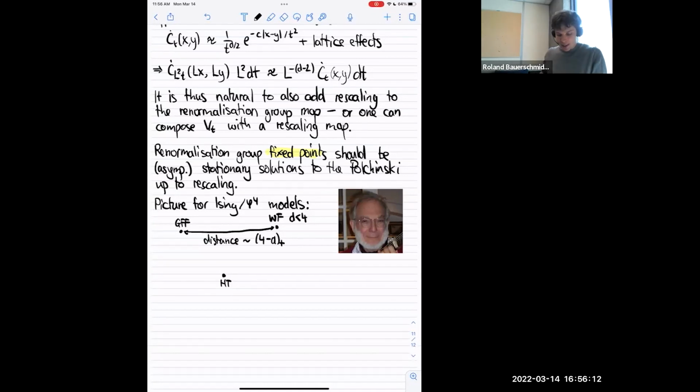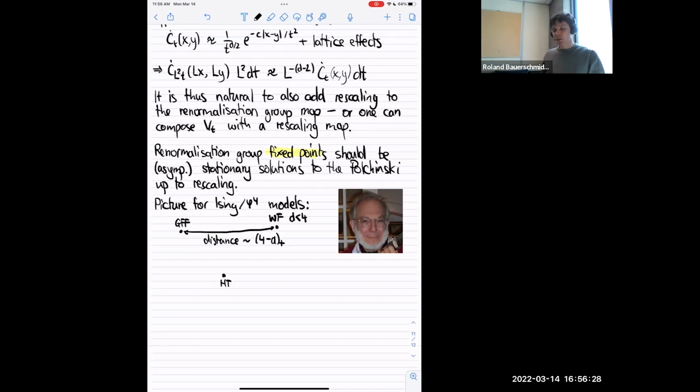Well, this is something I will not explain in these lectures. I just wanted to mention it because I think it's important, to discuss the idea of this renormalization group picture.